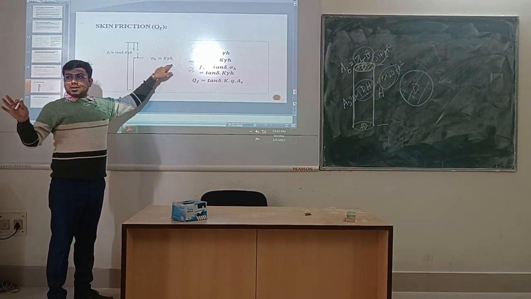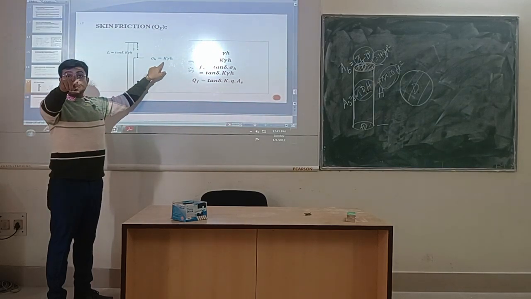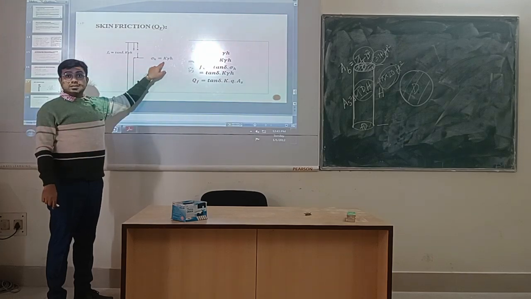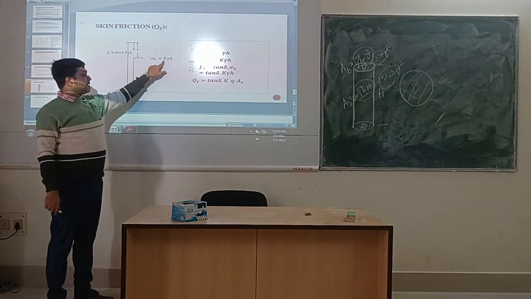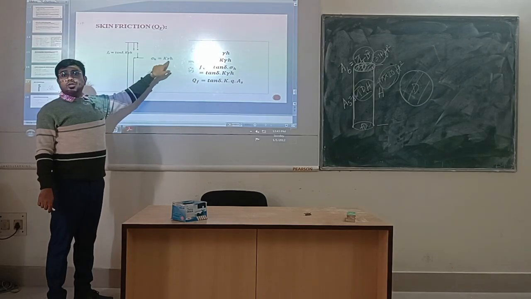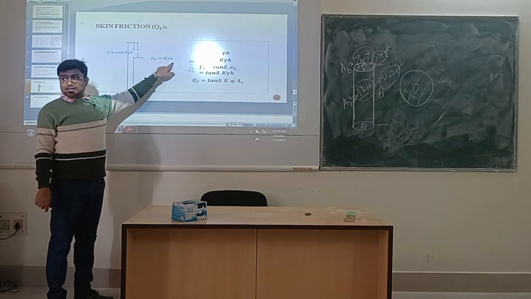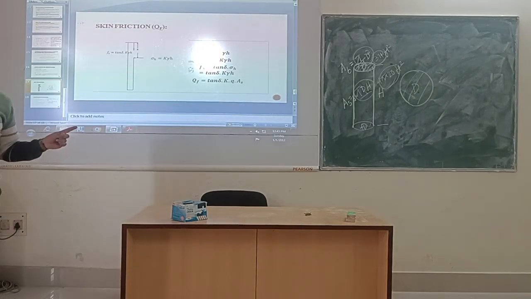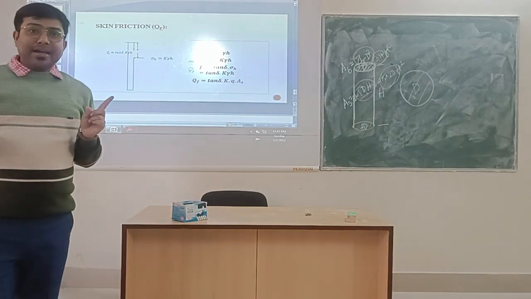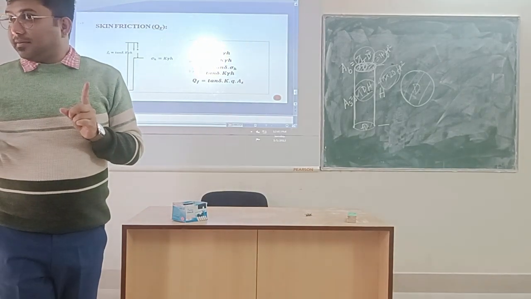Have you all forgotten? Lateral pressure thing. K is the coefficient of lateral earth pressure, lateral earth pressure, not the earth pressure. Gamma is the unit weight and h is the height. So this K gamma h, or you have studied that as K gamma h or Kp gamma h.